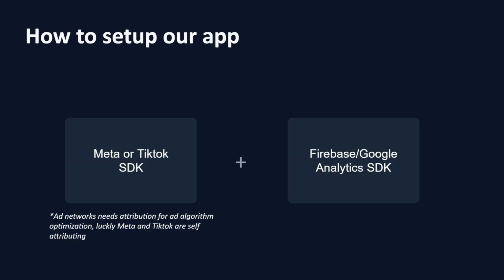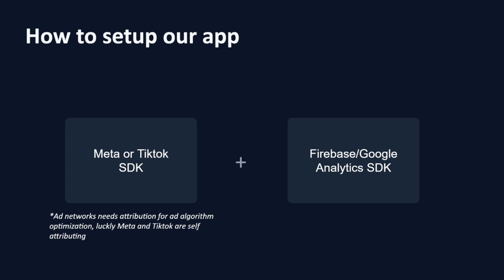Facebook and TikTok are the most popular ad networks, and luckily they are self-attributing networks, which means they can attribute by themselves without an MMP. So we can add these networks' SDKs to our app and attribute for free. For app usage analytics, we can rely on Google. Firebase or the Google SDK are the most used SDKs in the mobile market, and they are sending all of this usage data to Google Analytics without me knowing.